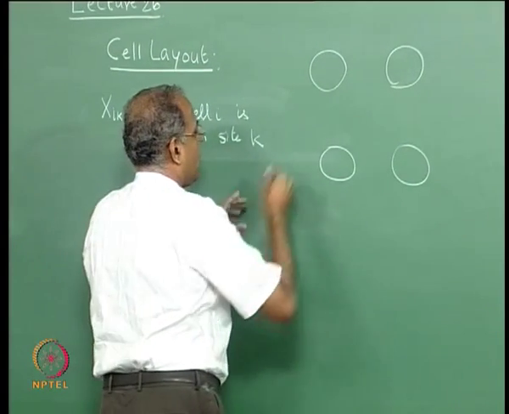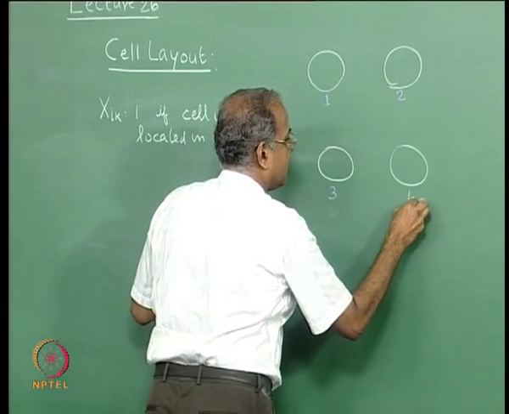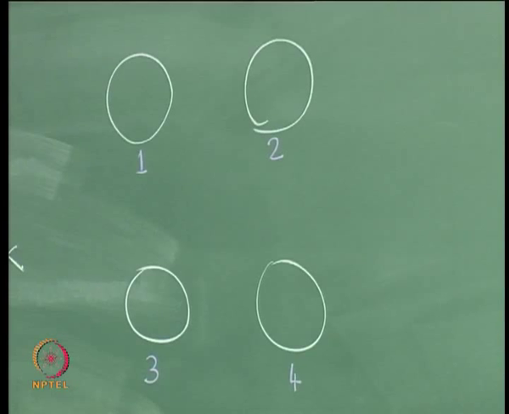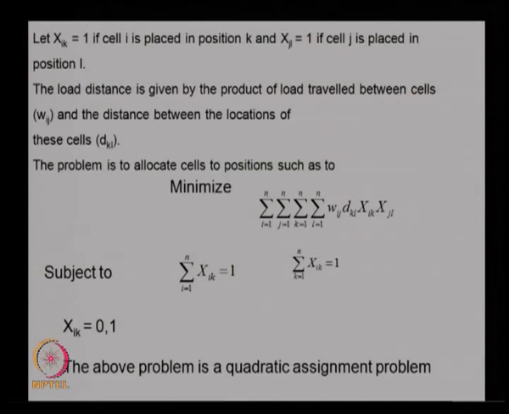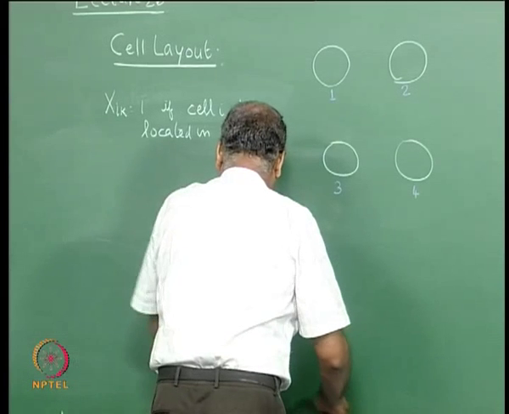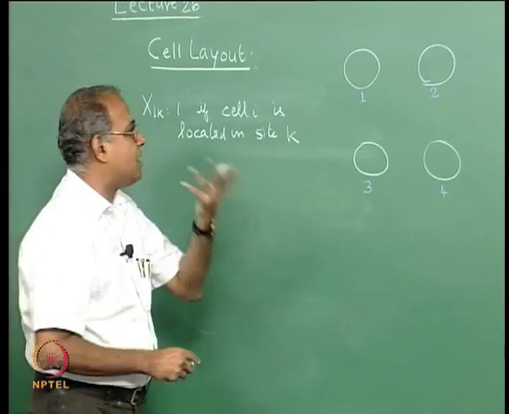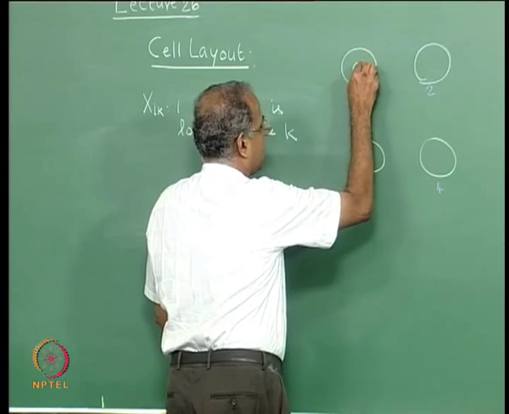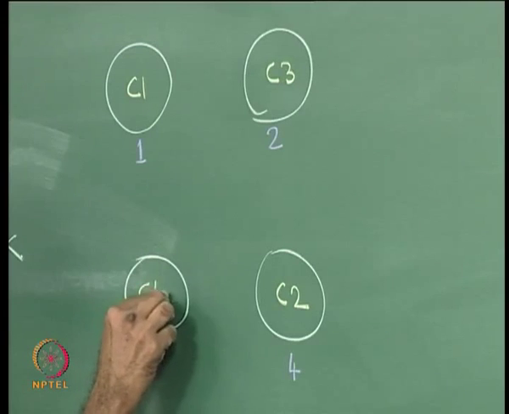We could call these 4 places as 1, 2, 3 and 4, and then we want to find out where we are going to locate each of these cells. We could have a solution where cell 1 is put here, cell 3 is put here, cell 2 is put here and cell 4 is put here.